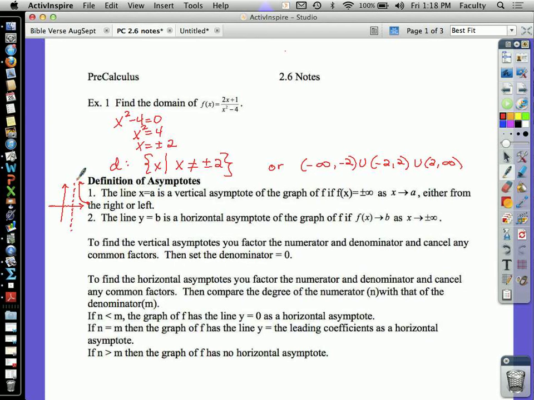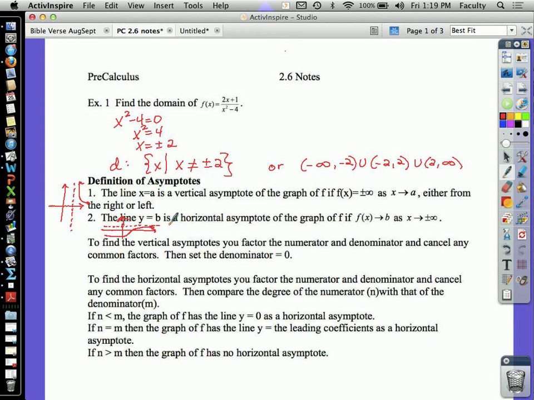The line y equals b is a horizontal asymptote of the graph of f if f of x approaches a number b as x is going to positive infinity or negative infinity. So oftentimes we'll have, say we have a horizontal asymptote. Do you see as x is going to the right, it's leveling off to whatever this y value is. That's what the horizontal asymptote means.